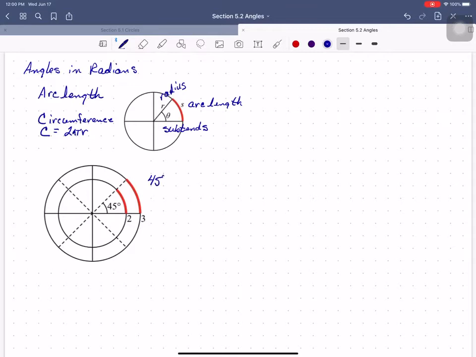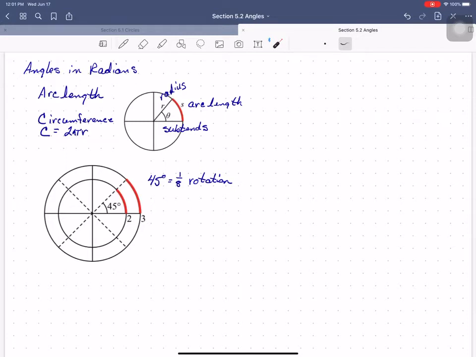So 45 degrees equals 1/8 of a rotation. So that means that in each case, I have moved 1/8 of my circumference. Yes?